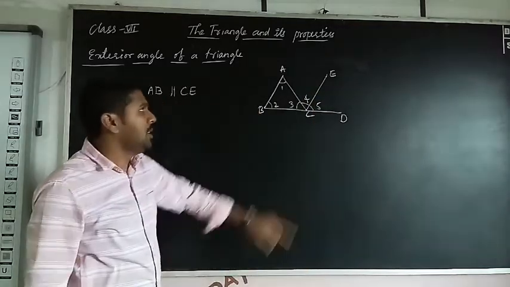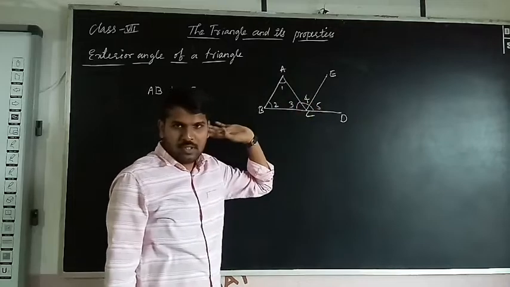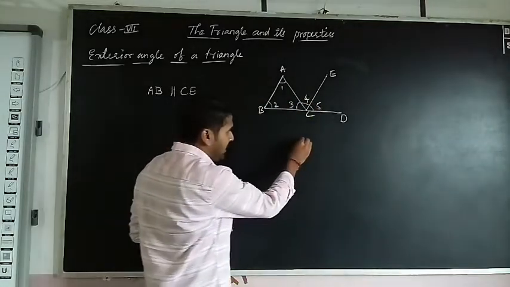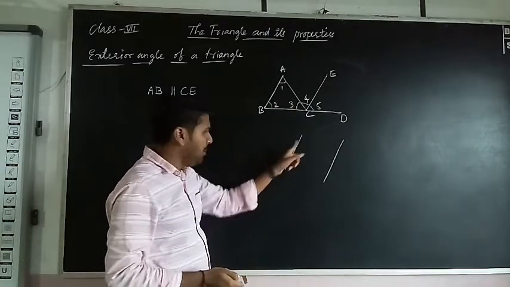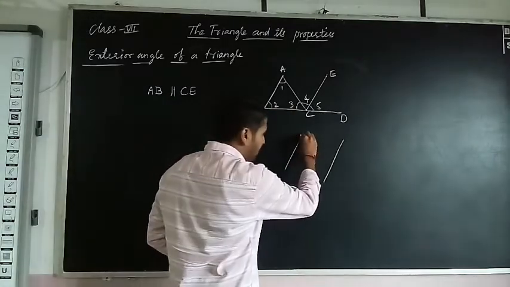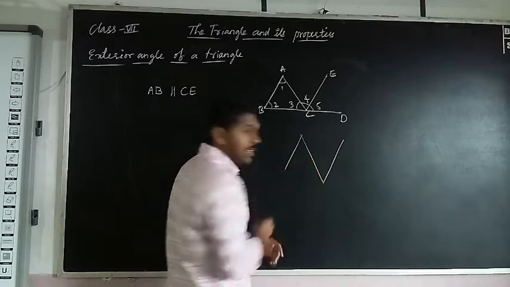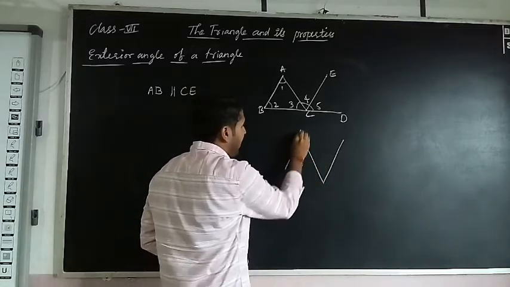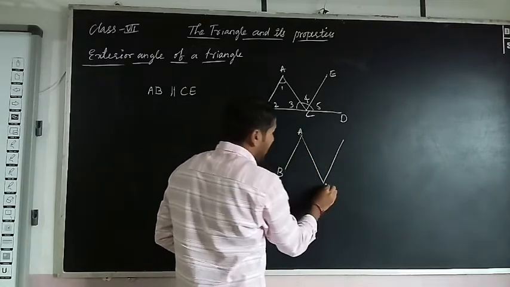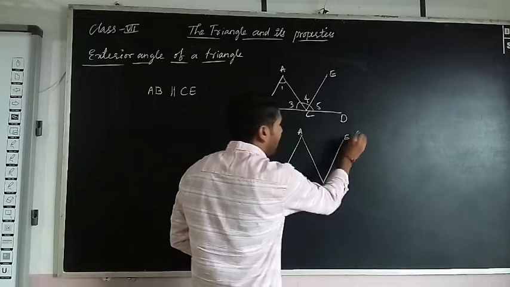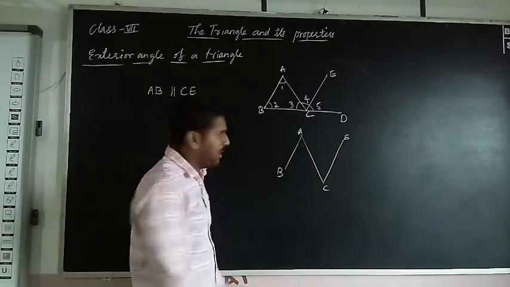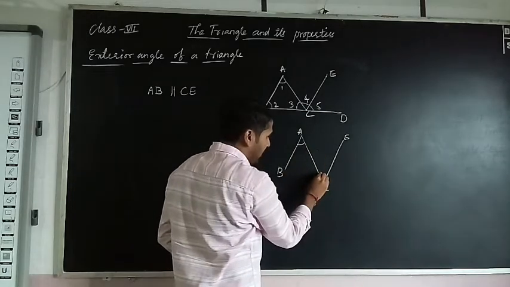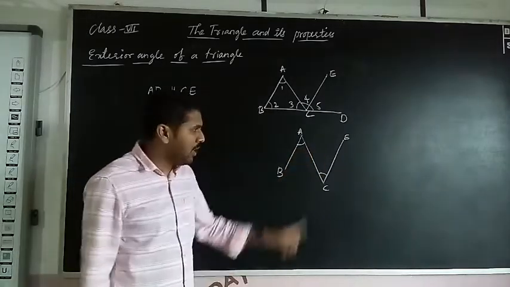Now see here, 1 and 4. What are these angles? These are two parallel lines, AB and CE, and AC is a transversal. What are these two angles?